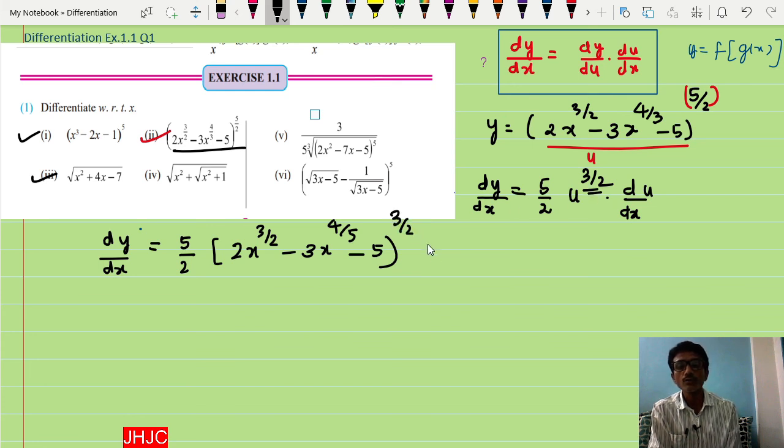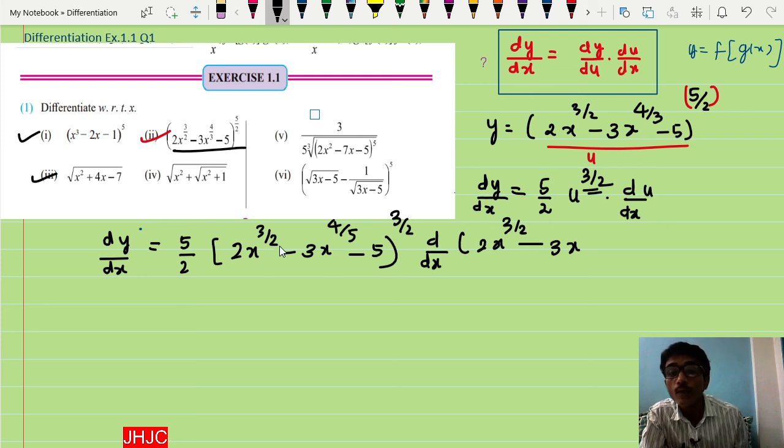3 by 2 into the derivative of u, which is the derivative of 2x raised to power 3 by 2 minus 3x raised to power 4 by 3, sorry, 4 by 3, minus 5.